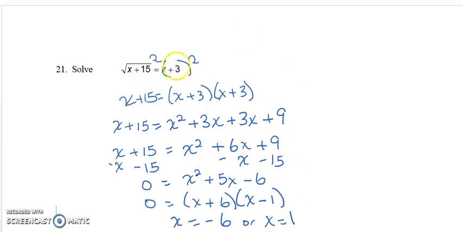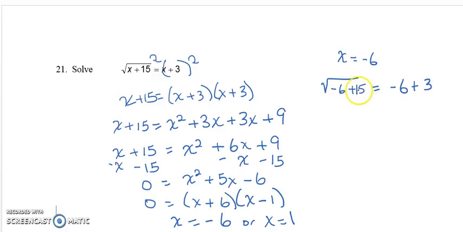And then we always need to check our solutions. So substitute both solutions back into the original equation to see whether they are solutions or extraneous solutions. So let's test negative 6. Okay, so substitute negative 6 back into the original equation. So the square root of negative 6 plus 15, see if it's equal to negative 6 plus 3.